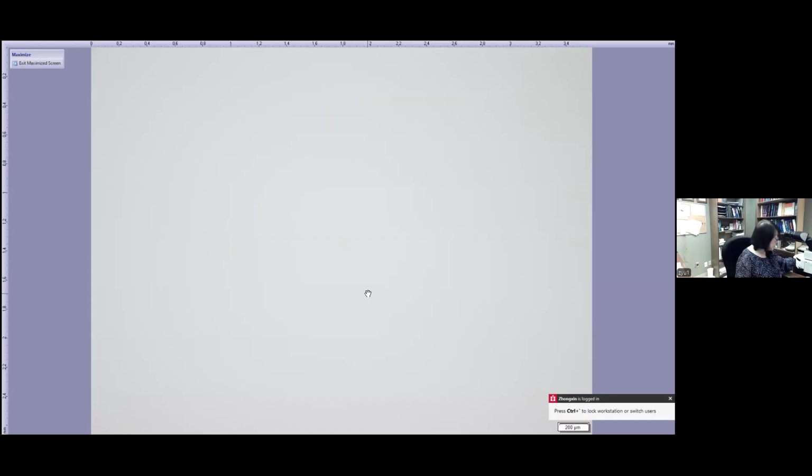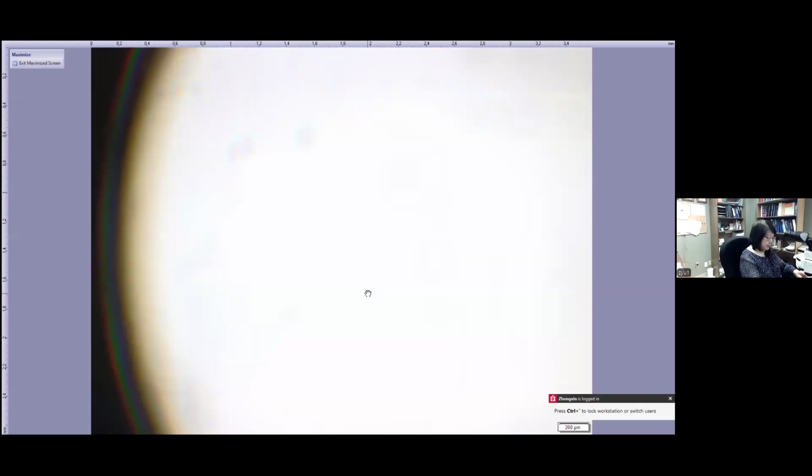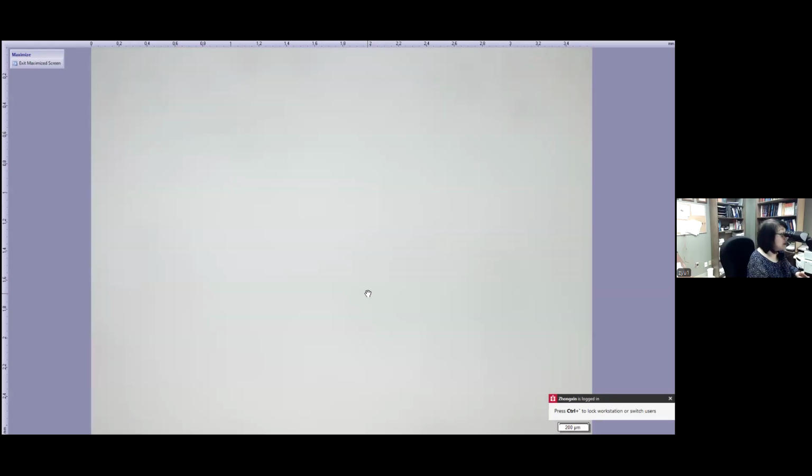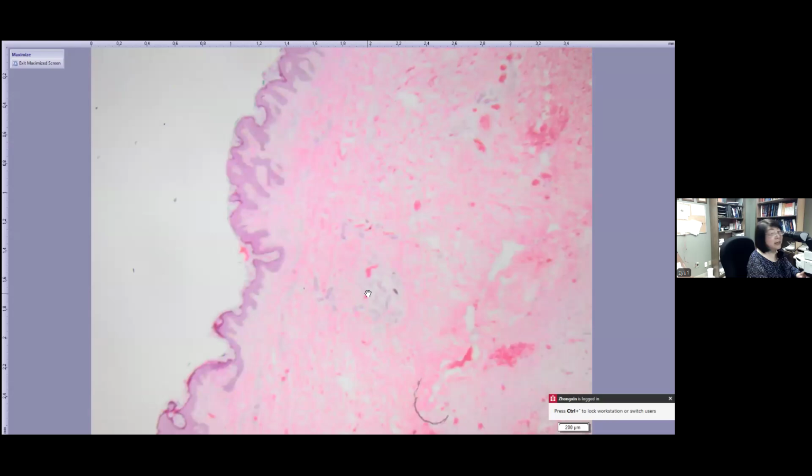So I show you this case. So it's a big excisional biopsy.